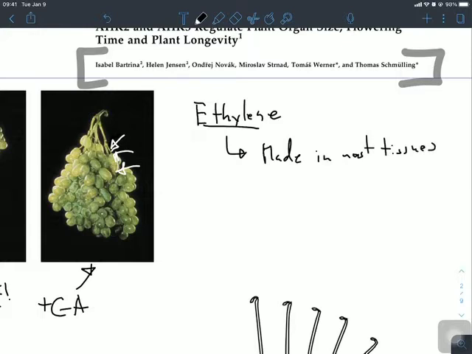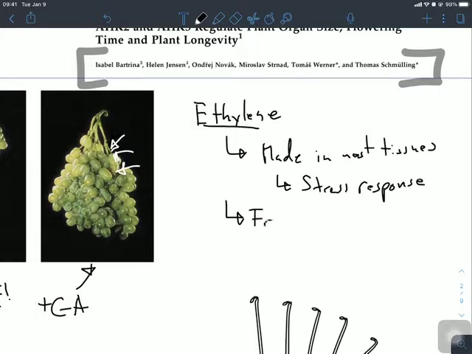It is a response to stress. It is a stress response hormone, and it's also very critical in a fruit process and a plant process.